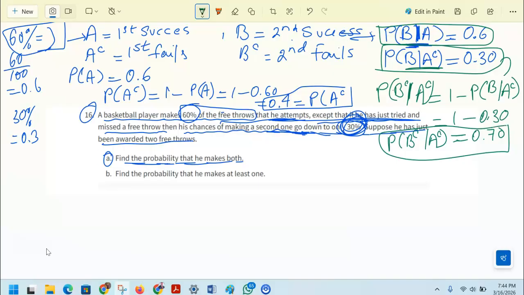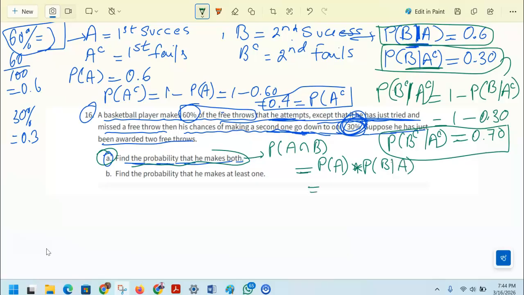Now, the question says, what is the probability that he makes both? That means he is successful in the first case and successful in the second one. By the multiplication rule of probability, it is the probability of A times the probability of B when A has already occurred.